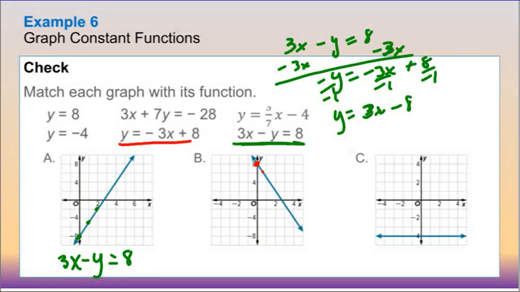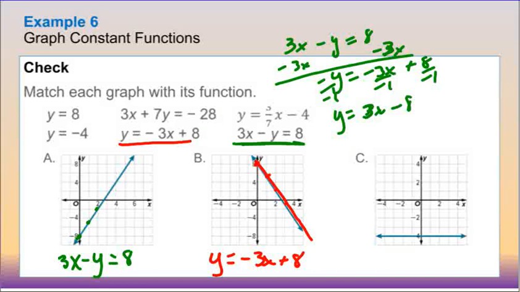Let's see it again with this one. This is 6. So we would go down over 1, down 3 over 1. So this one would match up. So we would have y equals negative 3x plus 8.